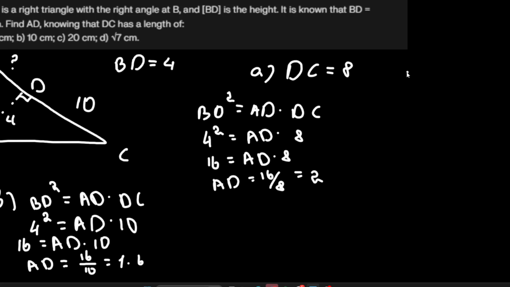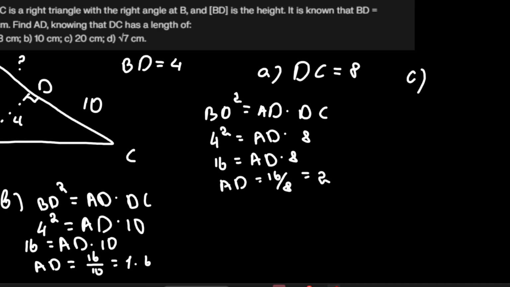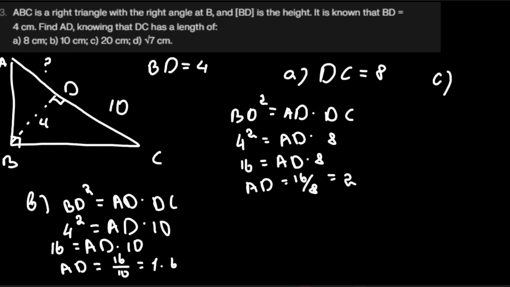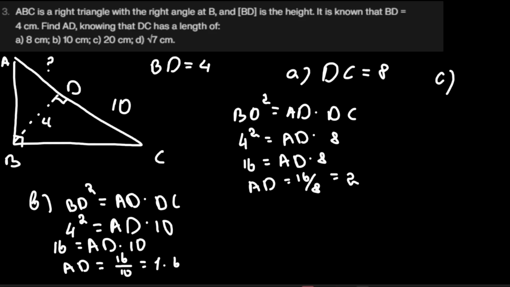Let's try case C now. BD squared equals AD times DC.